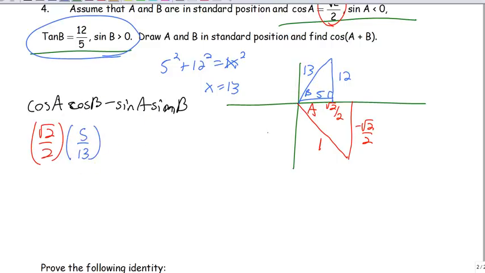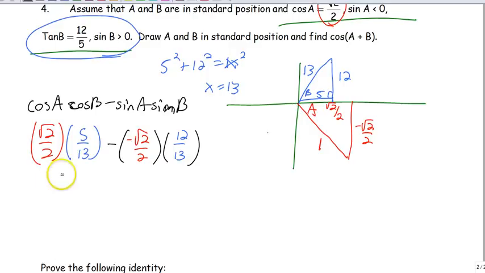We have a minus sign. Sine of A is negative root 2 over 2. Don't forget the negative because it tells you sine of A is negative in the problem. And then sine of B, you look at our angle, opposite over hypotenuse is 12 over 13. So there's our setup. Multiply everything out.